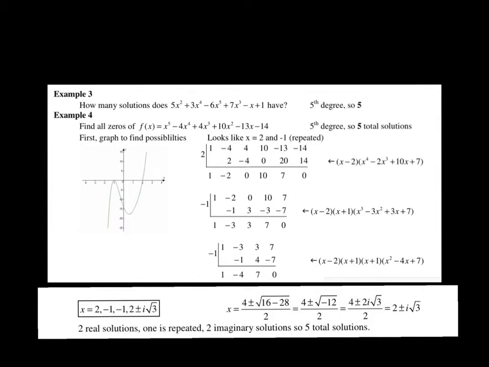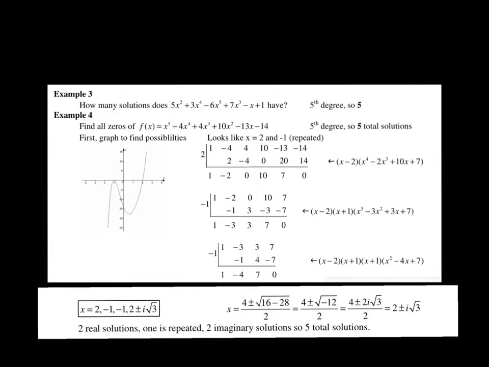So to complete the solving, I need to take this last quadratic trinomial, and I need to either factor it, which it won't do, or use the quadratic formula, which is right here. And the quadratic formula, as you can see, leaves me 2 more solutions, 2 plus i root 3 and 2 minus i root 3.